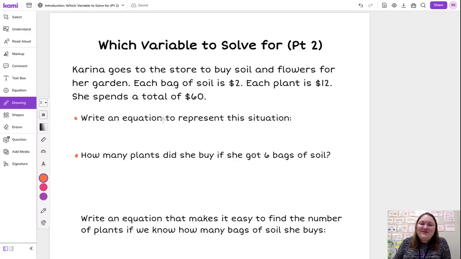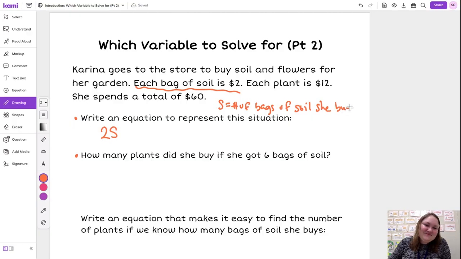For our equation, we know each bag of soil is $2. So in my equation, I want to write something like 2s, where s represents the number of bags of soil she buys. We also are told that each plant is $12.